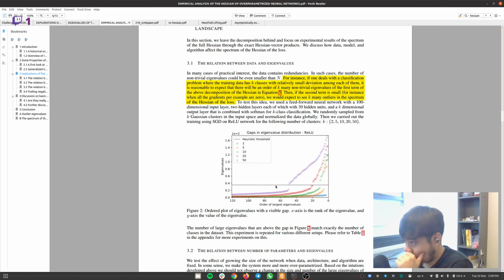The number of large eigenvalues are exactly matching the number of clusters in the data set. This is so sick.